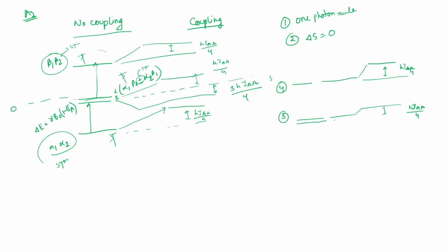The second one was here only, but it was stabilized by 3J by 4. And the first one was here, it was patterned by.